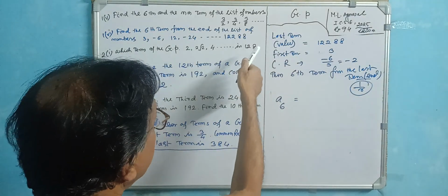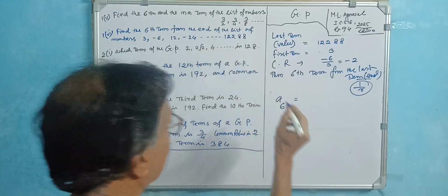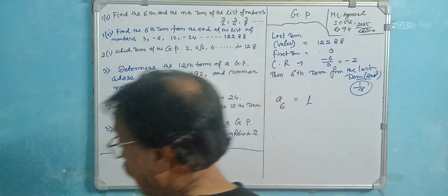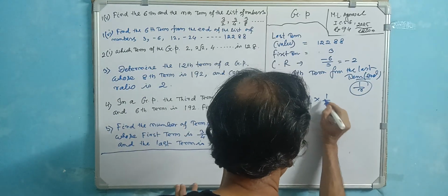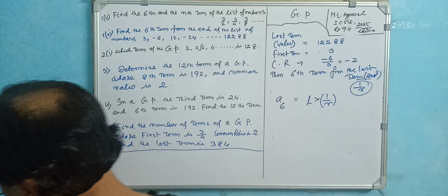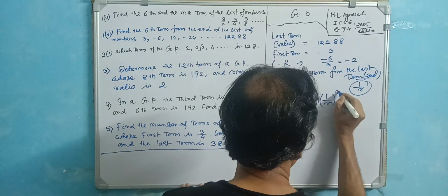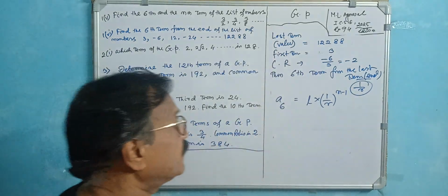So, from the end, this is actually first. So L in place of A, and this is 1 by R to the power n minus 1. So what is the difference actually?